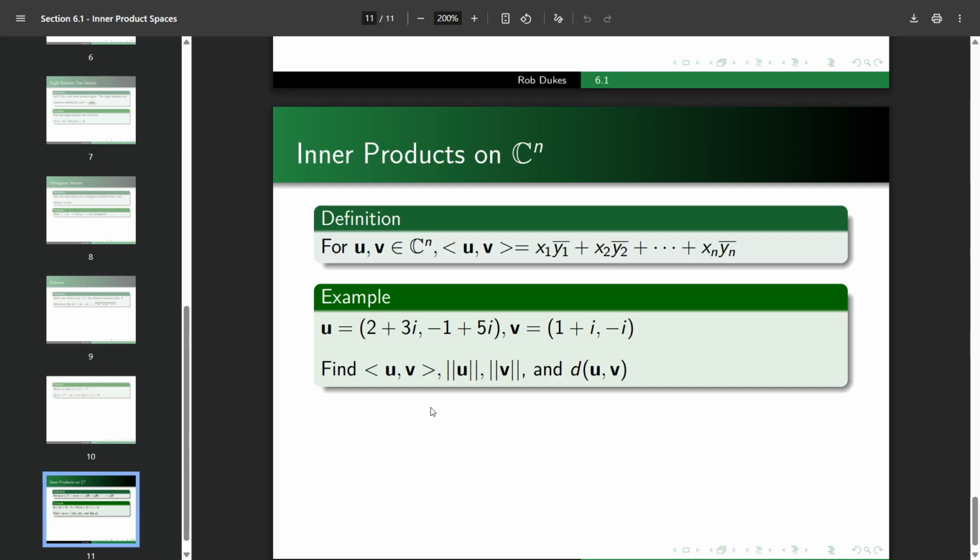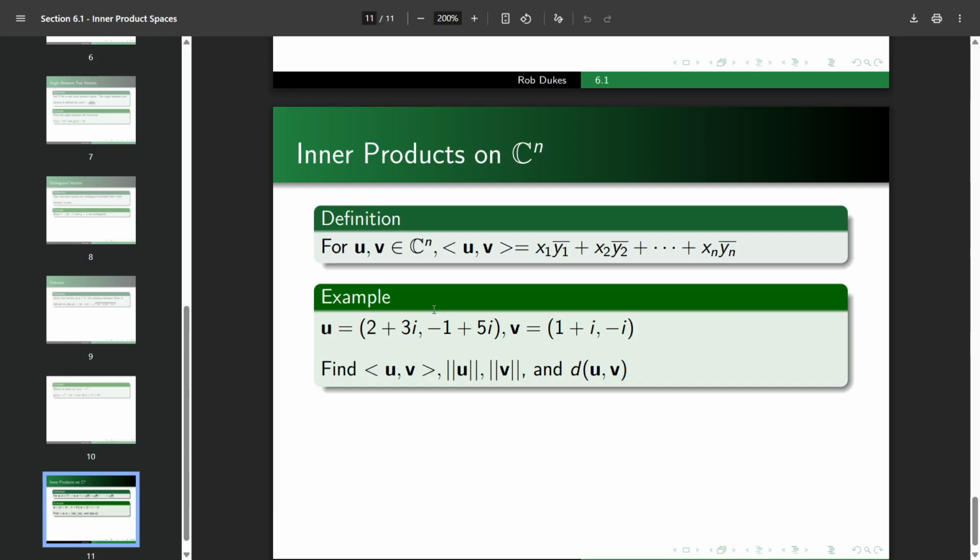For each case, we take the first part of u times the conjugate of the second, v1. So this is just going to be C2 here. We just have two vectors.